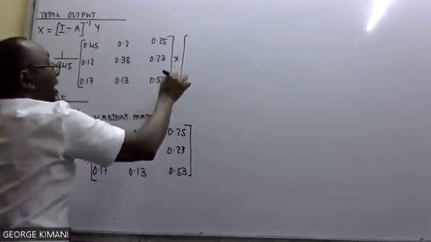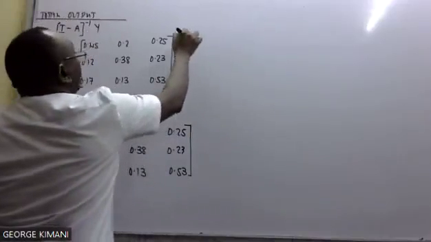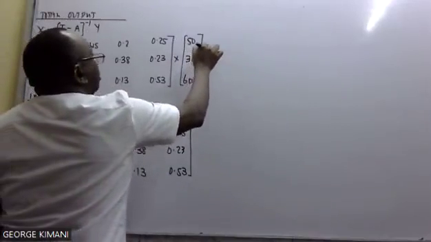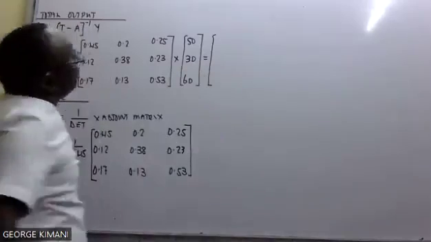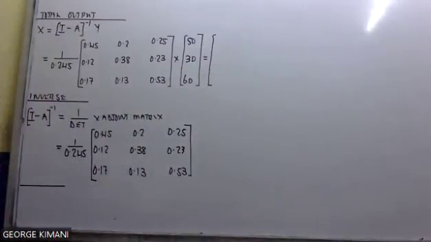Multiply now by our matrix Y. Y is 50, 30, 60. Okay, let me multiply and get the answer. First: 0.45 times 50 plus 0.2 times 30 plus 0.25 times 60.